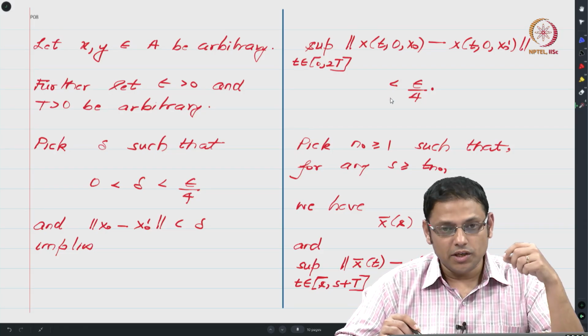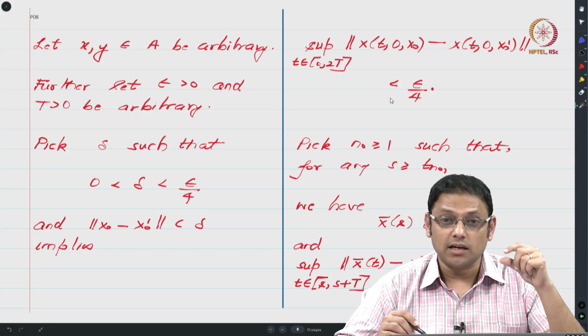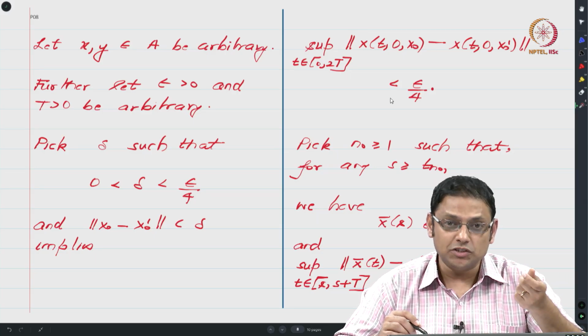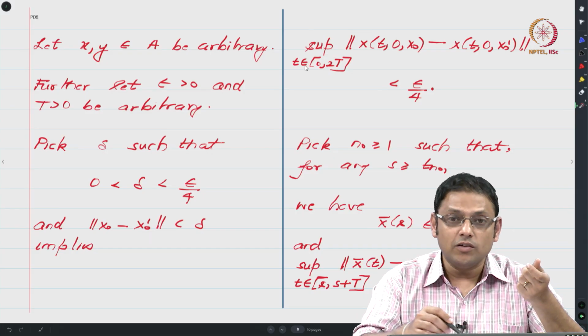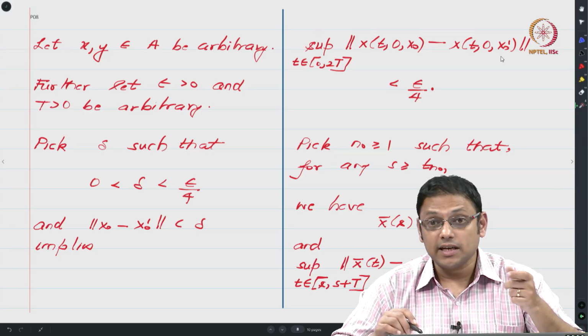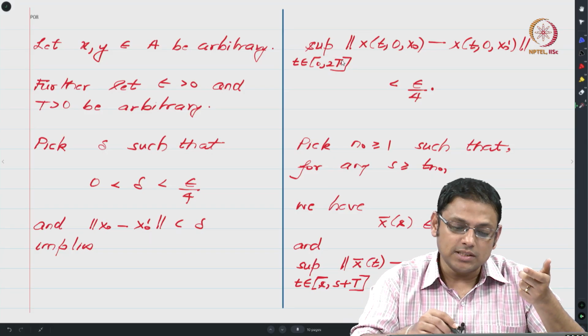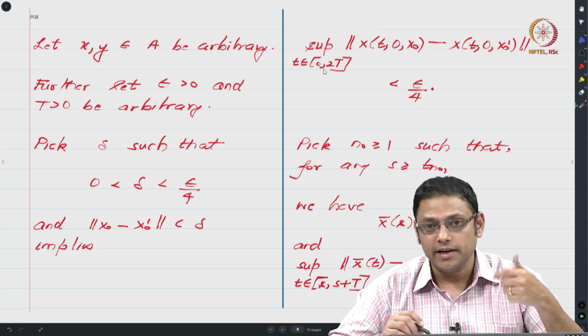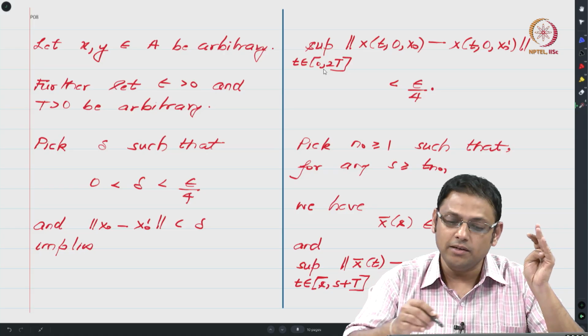Recall that your solution trajectories are continuous with respect to your initial values. So if the initial values are sufficiently close, then in any given window the solution trajectories will also be close. Also notice that the window over here is 2t. This fact will be needed later on, so keep that in mind.